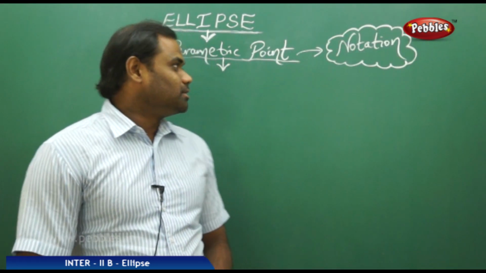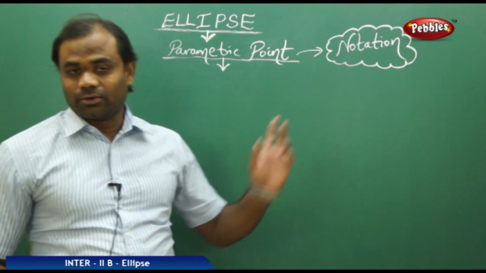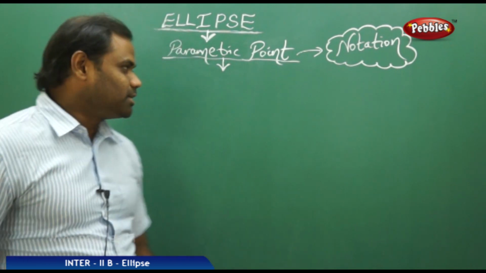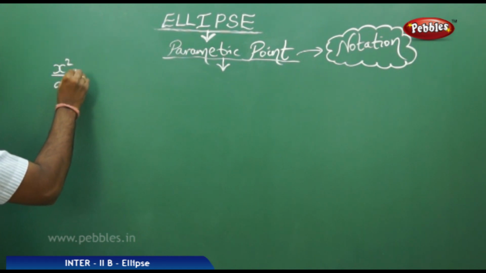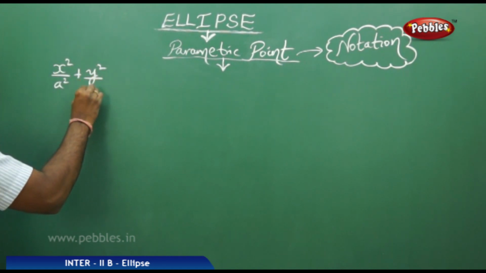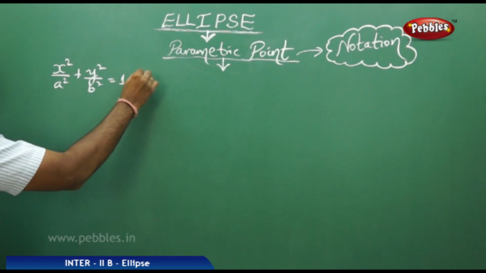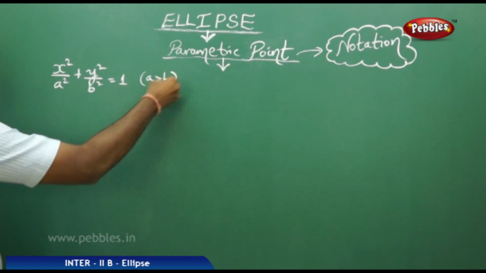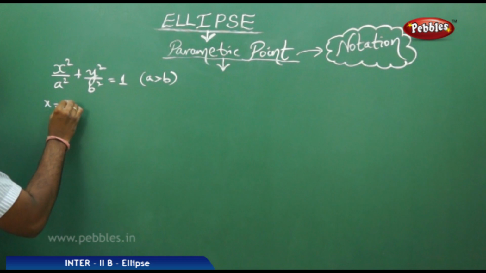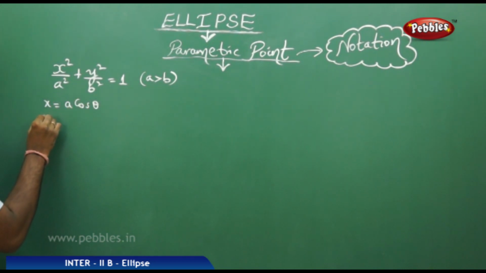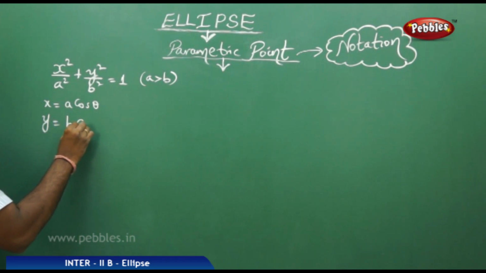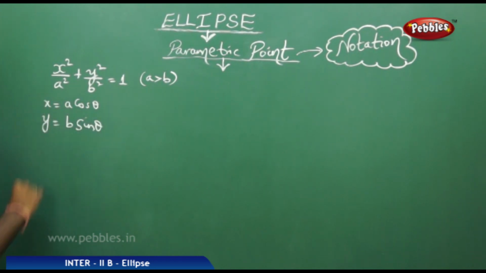The next is the parametric point and its notation. As we have seen, for the ellipse x²/a² + y²/b² = 1, with a greater than b, the parametric equations are x equals a cos theta and y equals b sin theta.